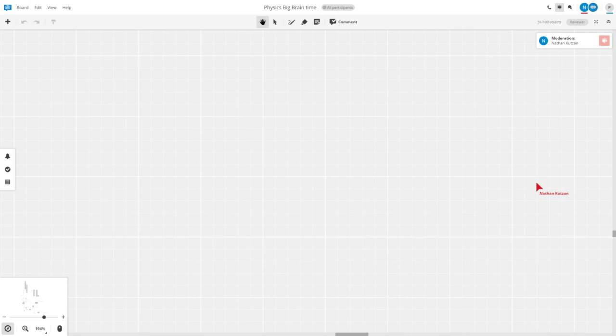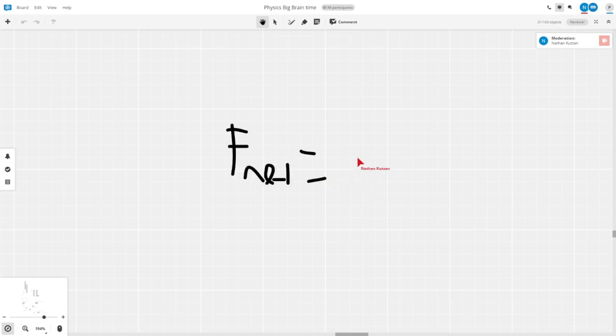Okay, so for the next part, let's go back to the equation we had before with force and momentum, which was F net is equal to change in momentum over change in time.